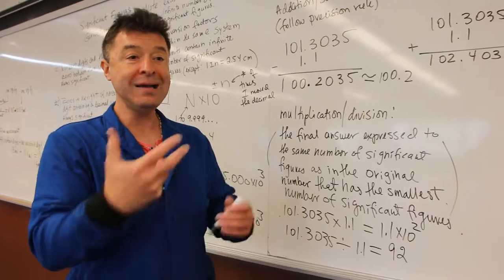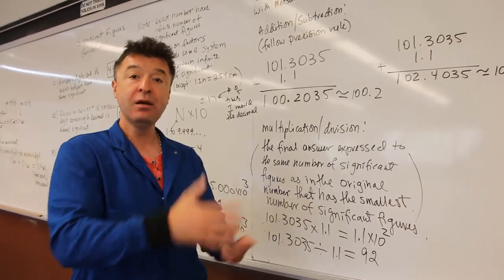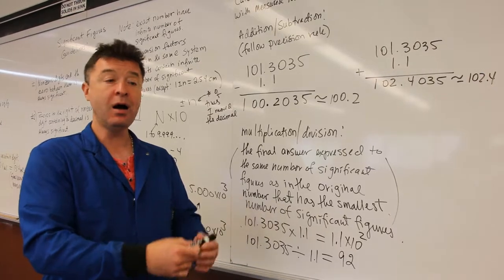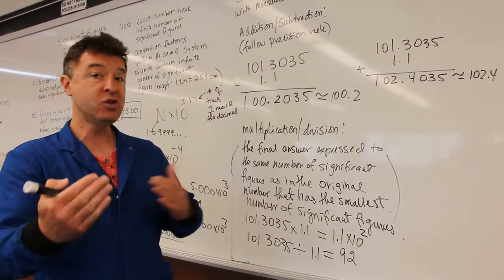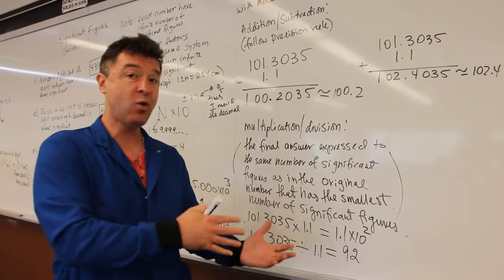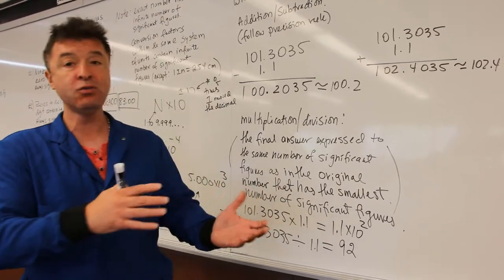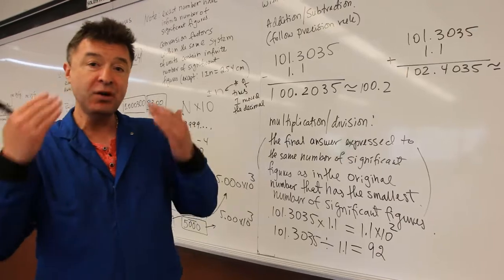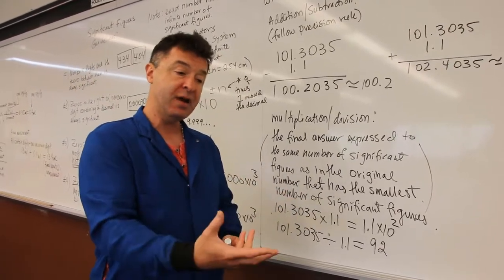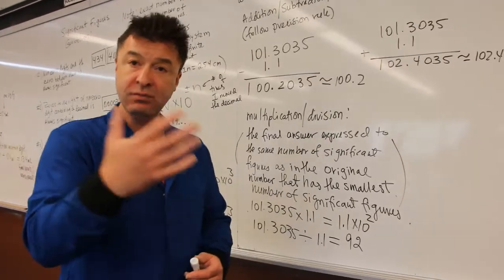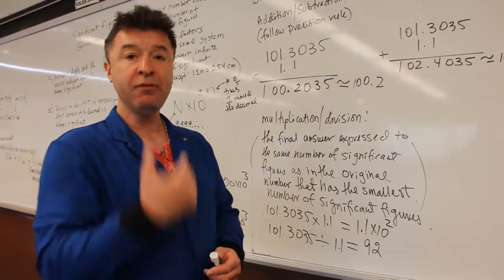How do you get a final answer that contains the correct number of significant figures, that has the correct certainty, or uncertainty I shall say, in the measurement? Remember, one of the devices was inferior and one was superior. The inferior device will affect the final value of your calculation.